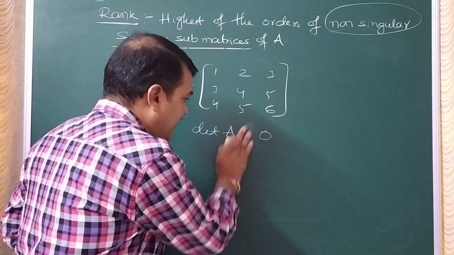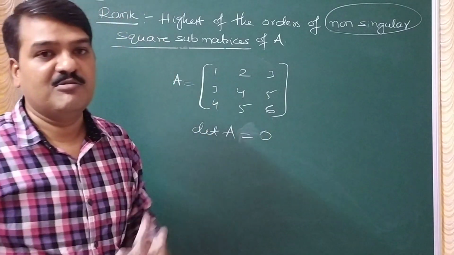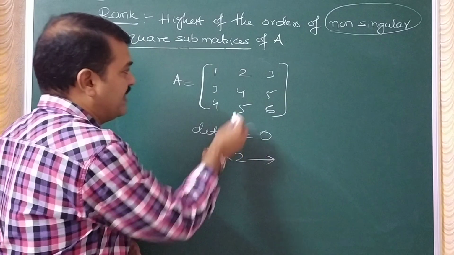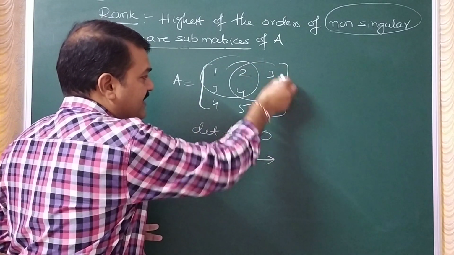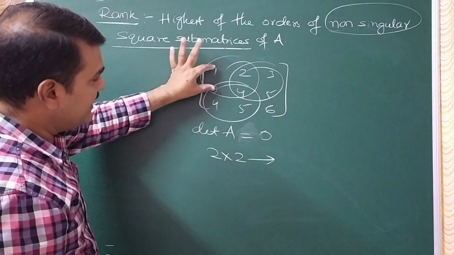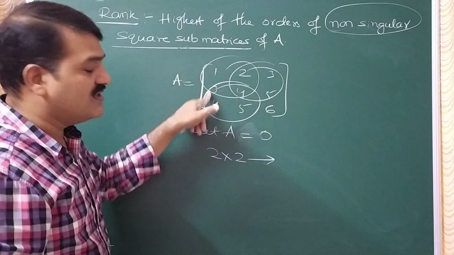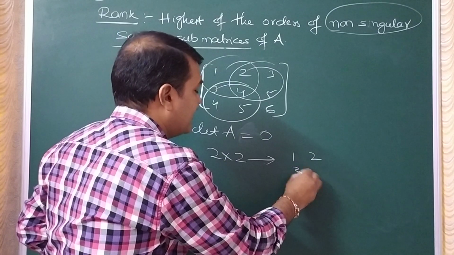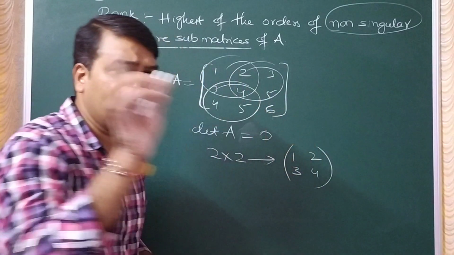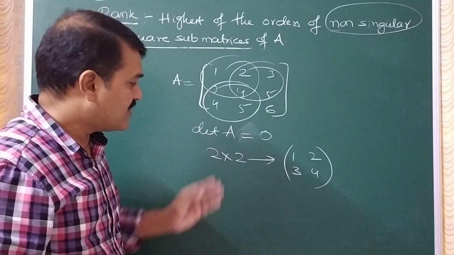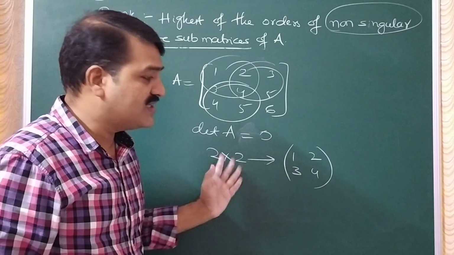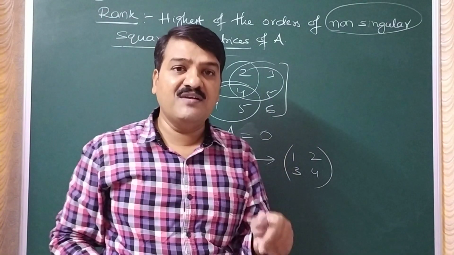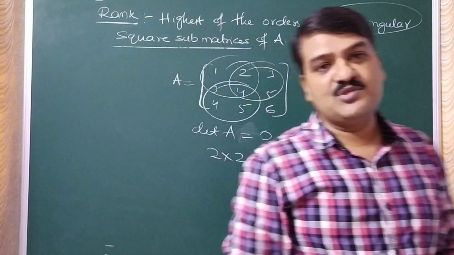If det A becomes 0, rank cannot be 3. Then you have to take 2 by 2 submatrices, anything you can take like this. I can find a 2 by 2 submatrix which is non-singular. I will write this one. I want only one non-singular submatrix; I don't need to check all. So I can find a 2 by 2 non-singular matrix, therefore rank becomes 2. If all 2 by 2 submatrices are also singular, then rank becomes 1.